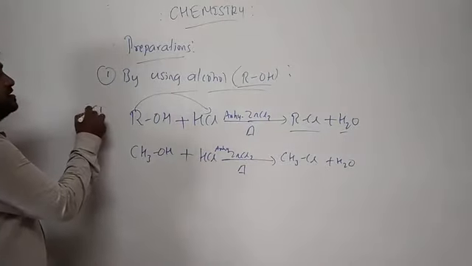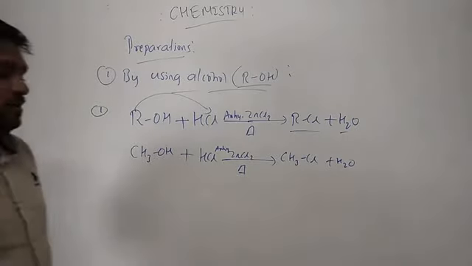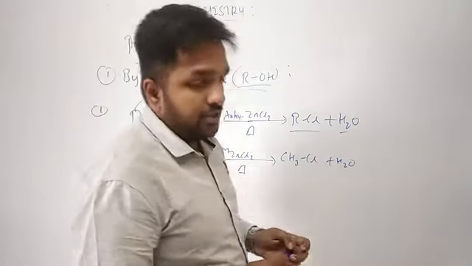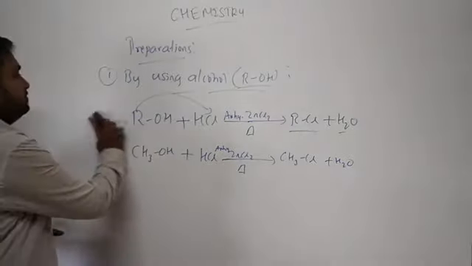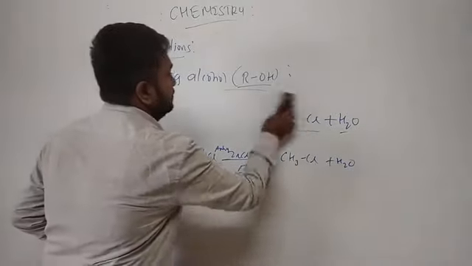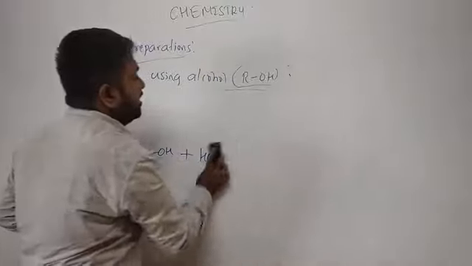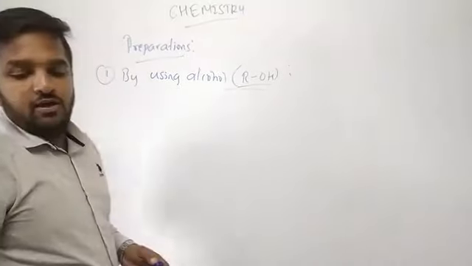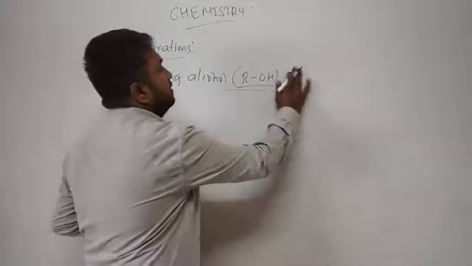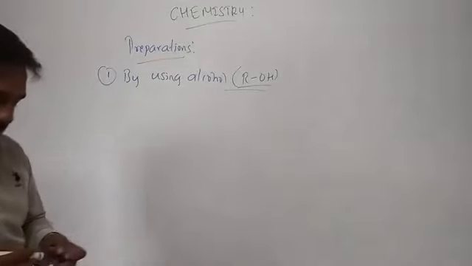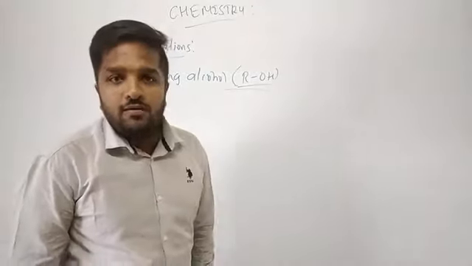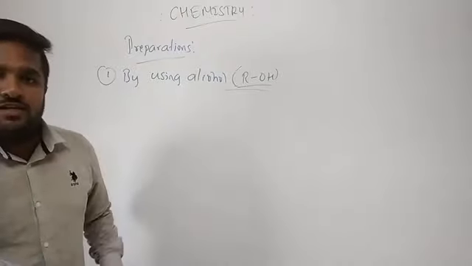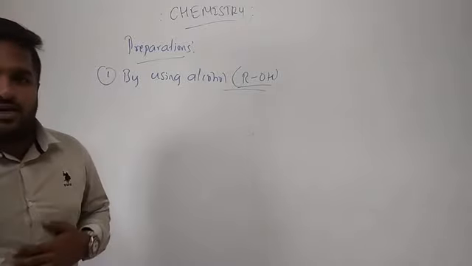So this is the first method of preparing alkyl halides by using alcohols. This process we call Groove's method. Clear? Groove's method is preparing alkyl halide from alcohol by treating it with hydrochloric acid in the presence of zinc chloride and heat.